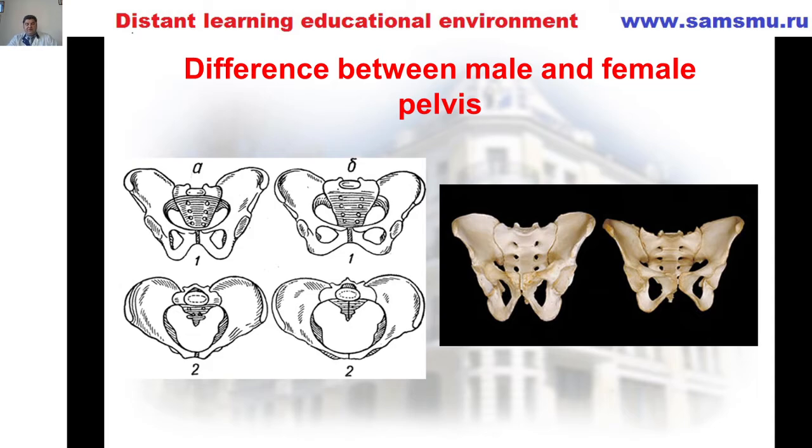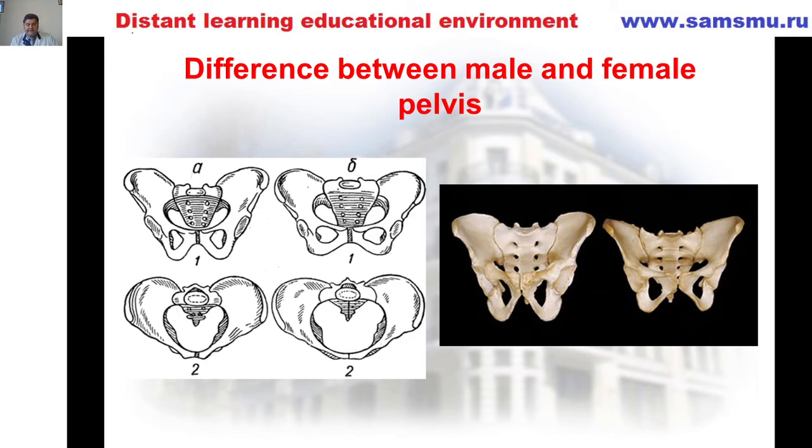The promontory projects farther forward in the male pelvis. The male sacrum is relatively narrow and more concave. The female sacrum, in contrast, is relatively wider but at the same time flatter. The outlet of the pelvis is much narrower in males.